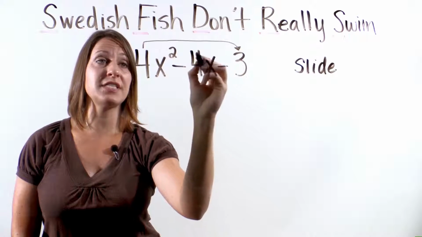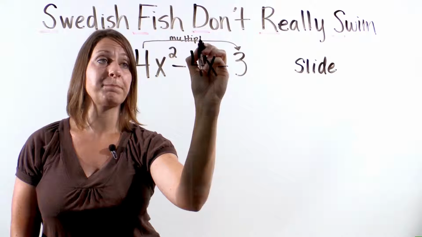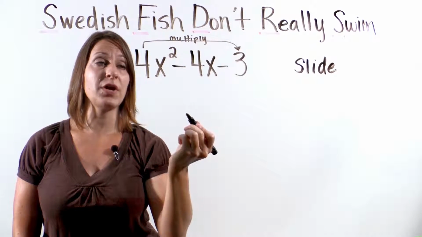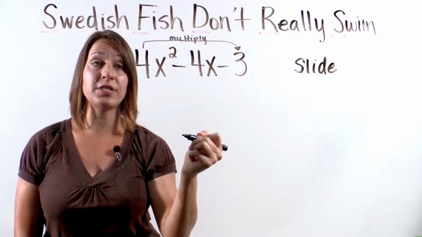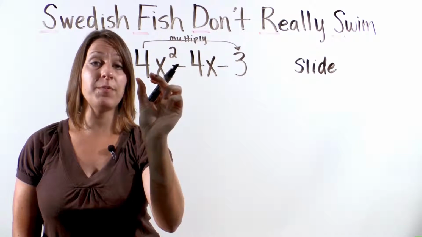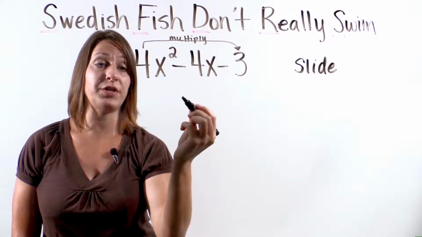This process of slide actually means we're going to multiply it. Now remember, this is a trick, so I'll show you how it all works out. But for now, let's pick up our 4 and multiply it times our -3.